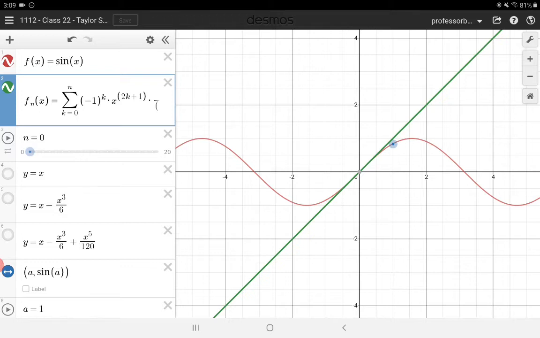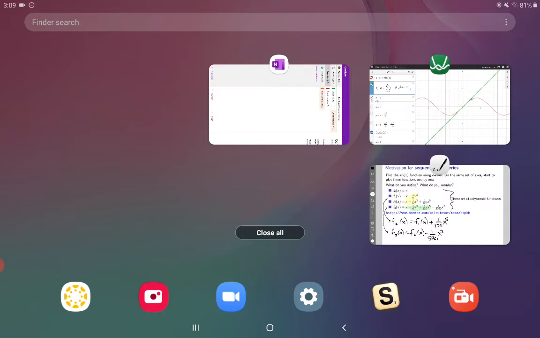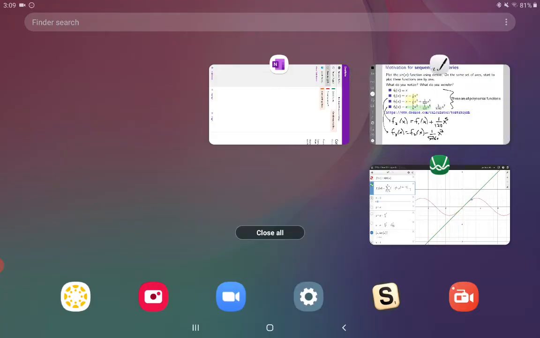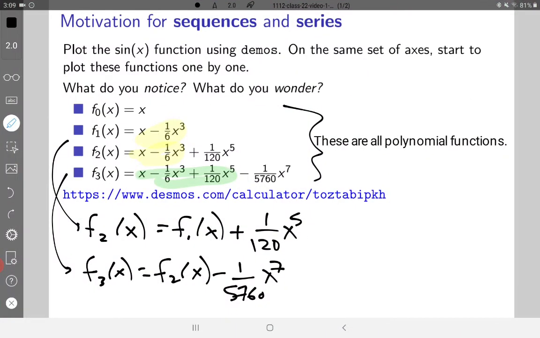The green line that you see comes from the second item in the list on the left here, the one with the blue box around it. When n is 0, it's plotting f sub 0. In fact, that's exactly the function f sub 0 that I gave you back here. That's the straight line y equals x. The next function, f sub 1, was going to be a cubic function.